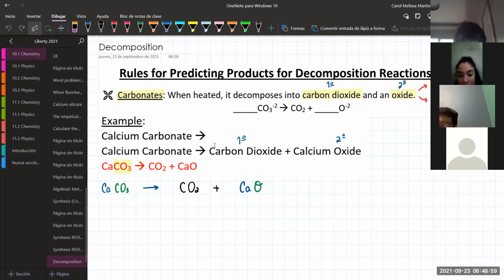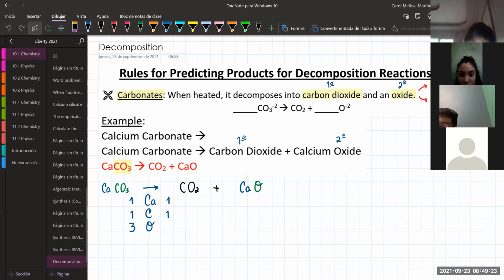Now what we need to do after is just checking if it's balanced. So I'm listing the elements in the suggested order, metals first, non-metals after, oxygen and hydrogen in the last step. And I compare the amounts in each side. I have one calcium in the left, one in the right. One carbon in the left, one in the right.